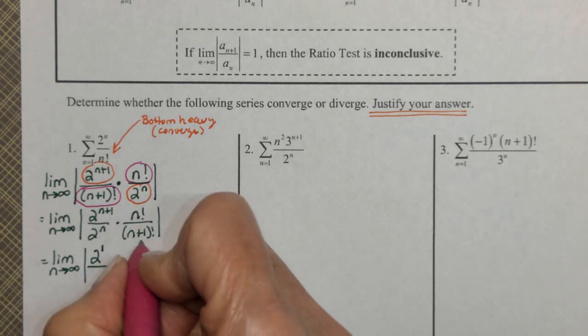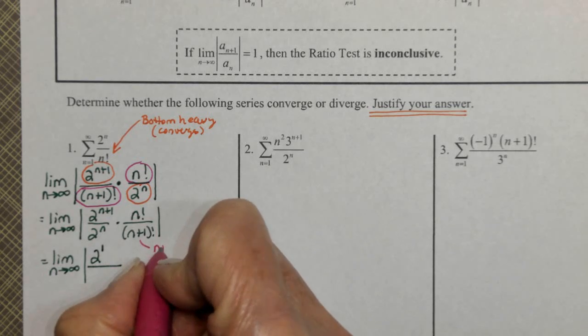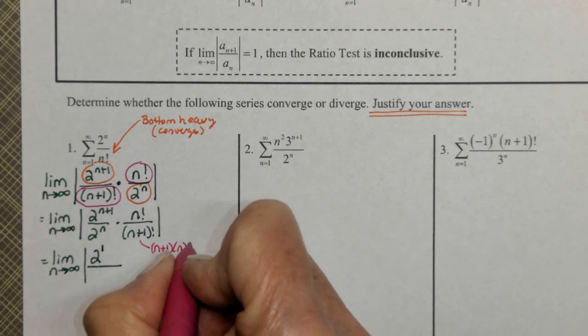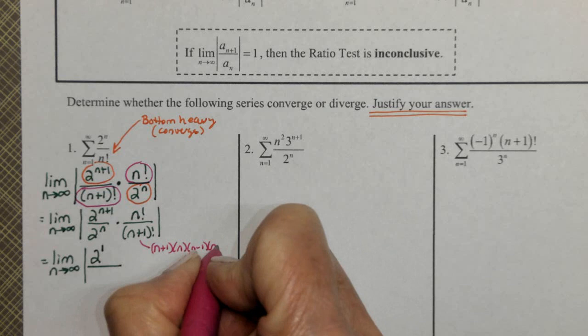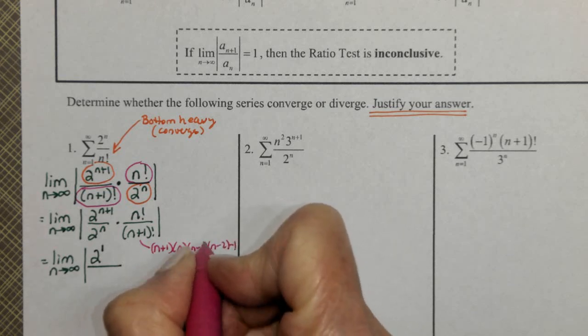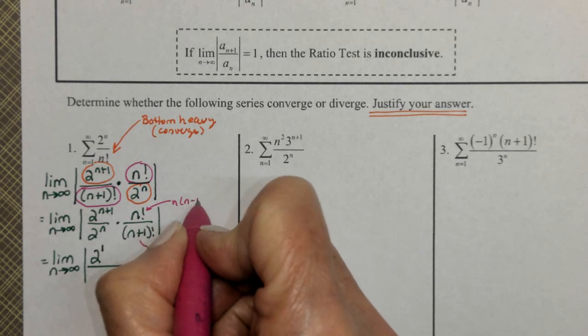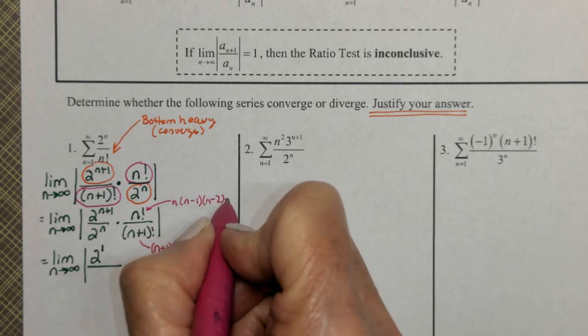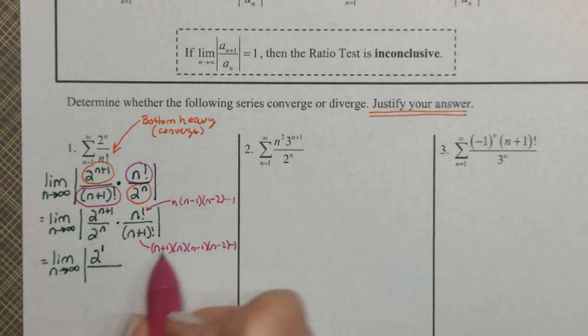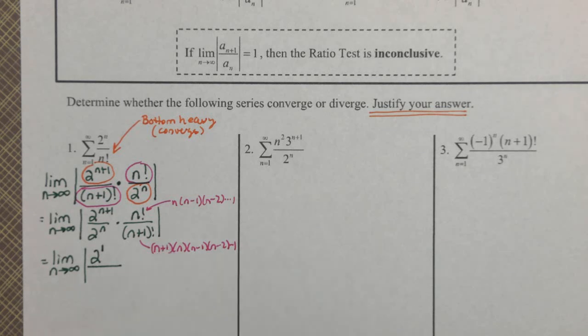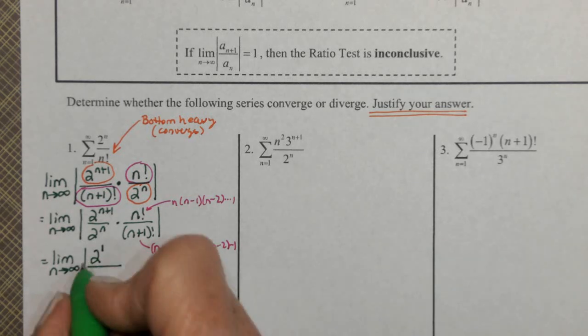Remember when we did this way back when, this will be n plus 1 times n times n minus 1 times n minus 2 all the way down to 1. This is n times n minus 1 times n minus 2 all the way down to 1. Everything cancels except this n plus 1. So this n plus 1 will be on the bottom.